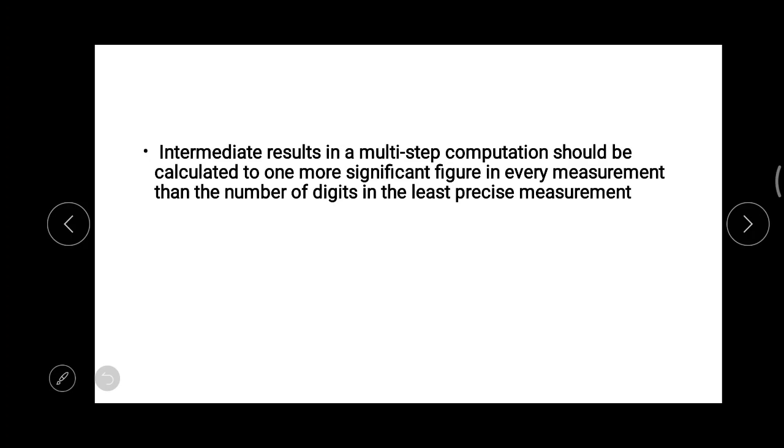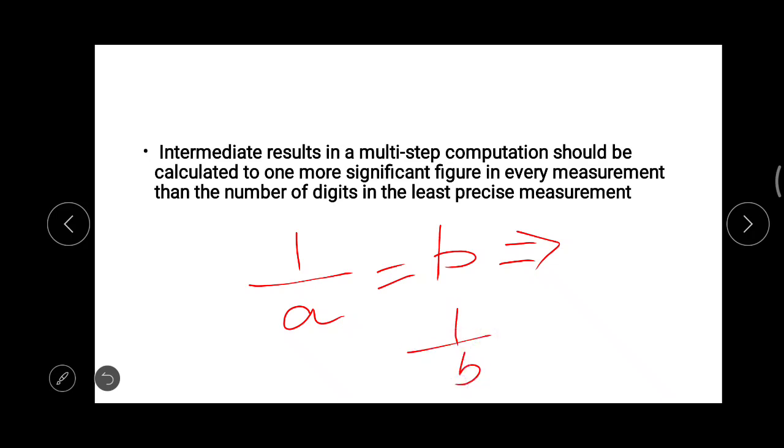One example is also given for this one. Suppose you are taking a reciprocal, 1 by A is equal to B. That means when you are taking the reciprocal of B, the answer should be A only, isn't it? 1 by B is equal to A. This cannot be wrong.